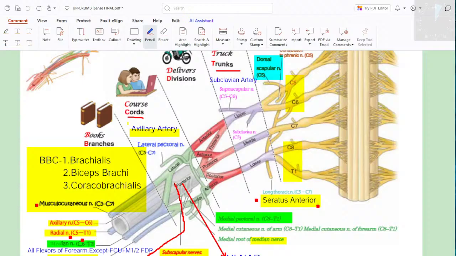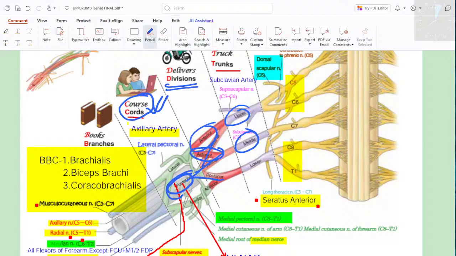Now all the posterior divisions join together to form the posterior cord. And the remaining part, the anterior divisions of both the upper and middle trunk, join together to form the lateral cord.